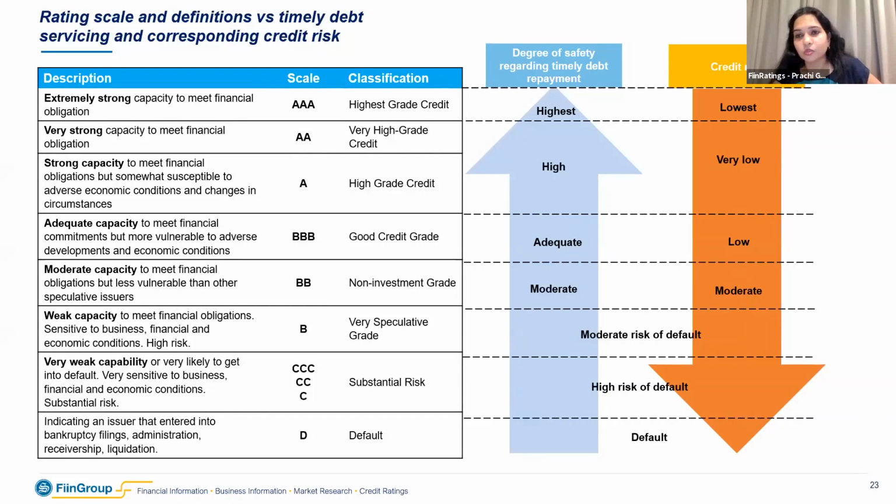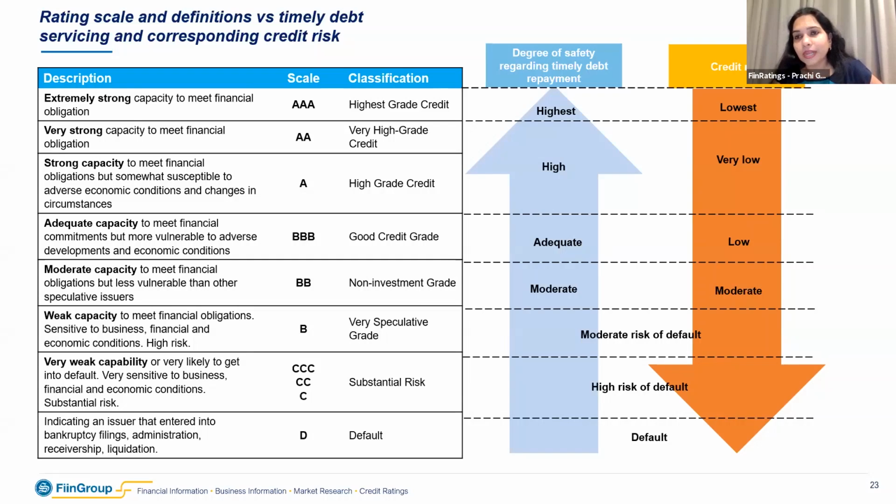Now we can explain this through a simple example. Let's say there's a company which is rated highest at AAA. What this really would mean is that this company has the highest degree of safety regarding the timely debt repayments, and it has the lowest credit risk associated with it.